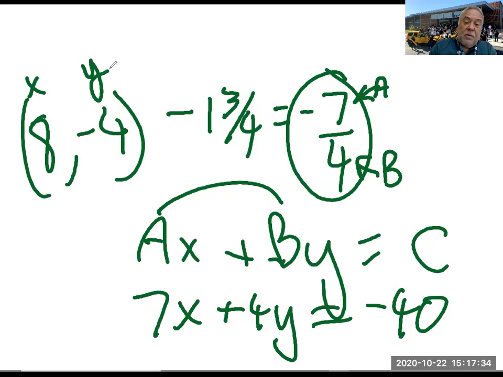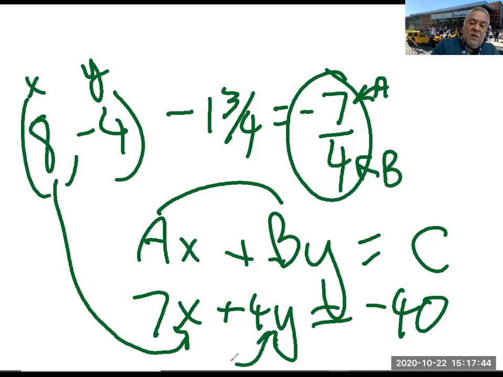So what you do is plug them into the x and the y. Plug in 8 there, plug in negative 4 here. 8 times 7 is 56. 4 times negative 4 is negative 16. 56 minus 16 is 40, make it positive.